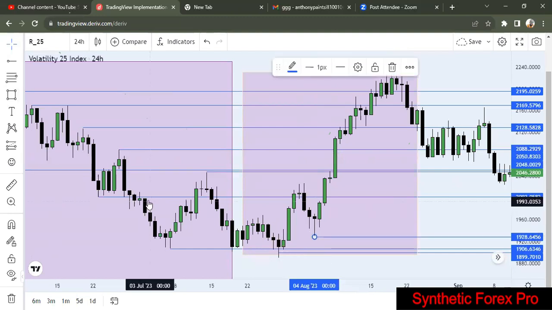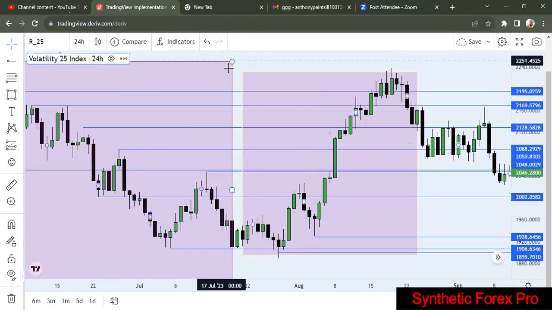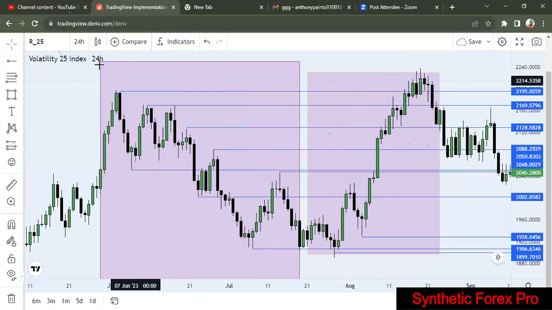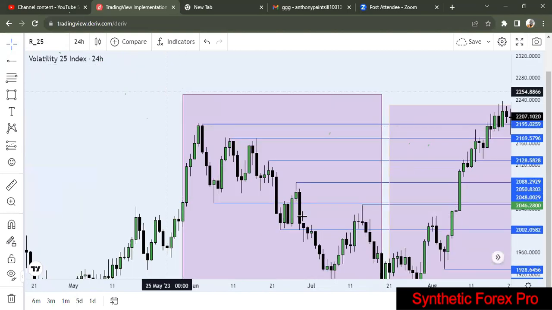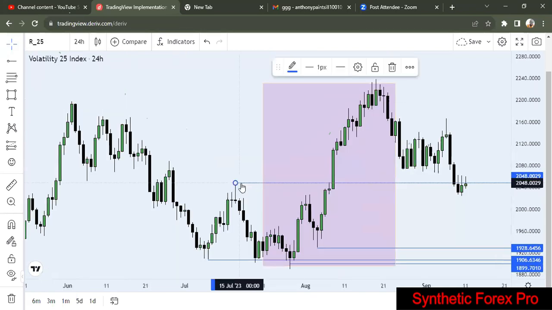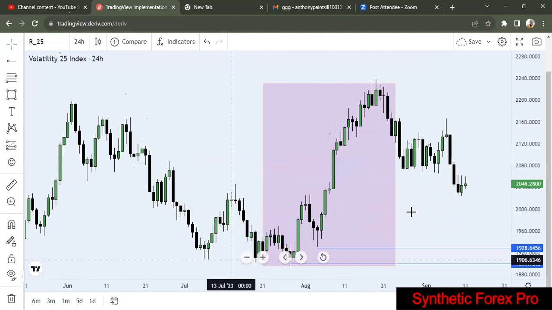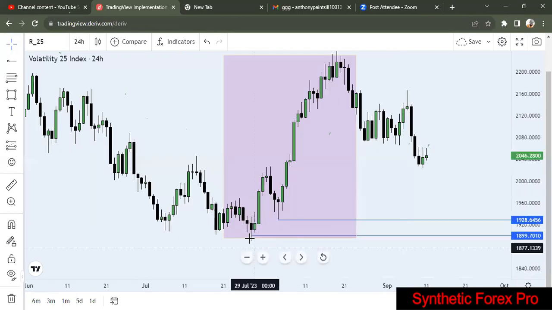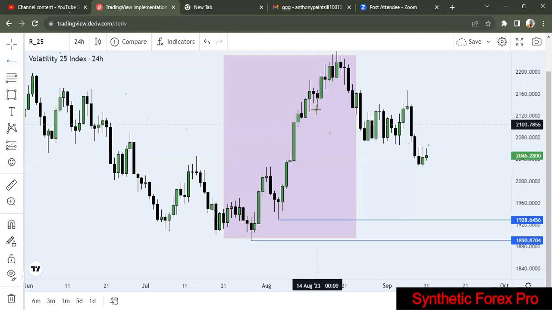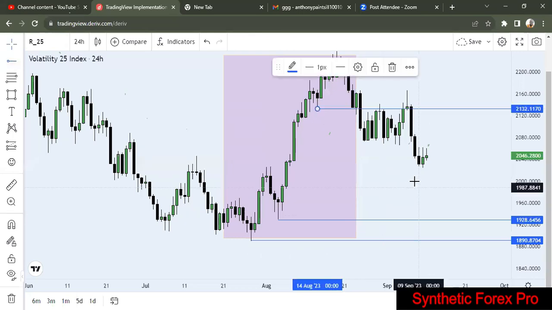Let me get rid of this so that the chart is clear for you. All right, now watch this. You have this, you have this, and we have this. What type of lows are these?